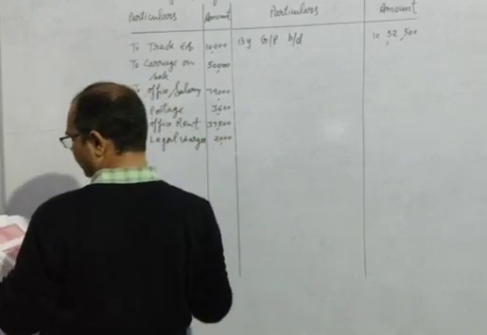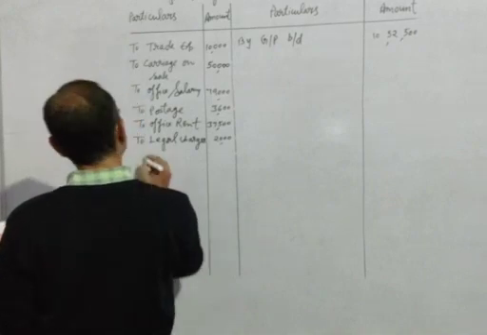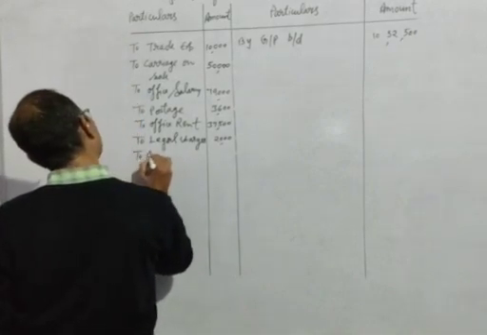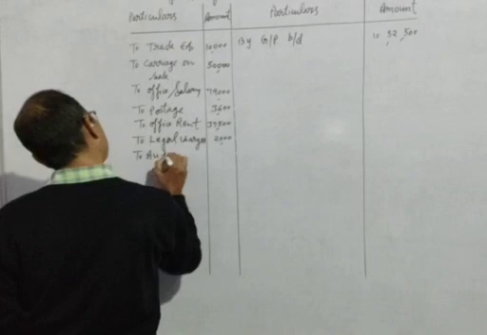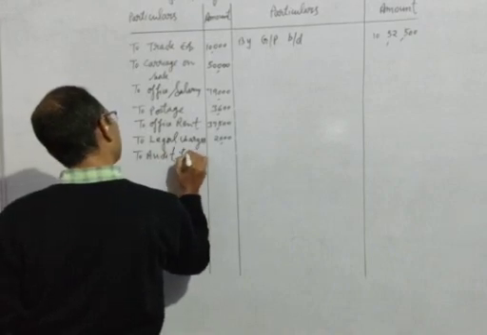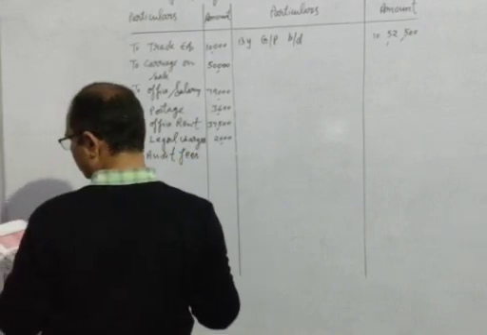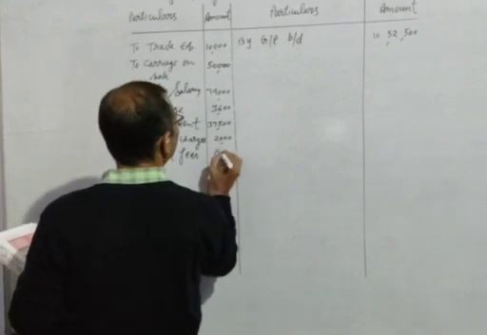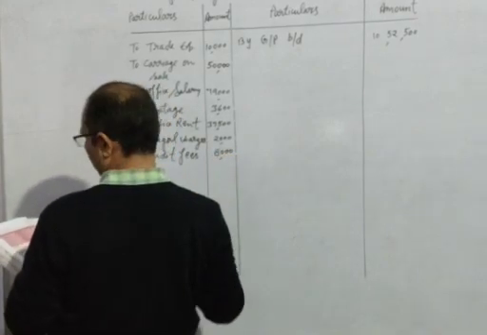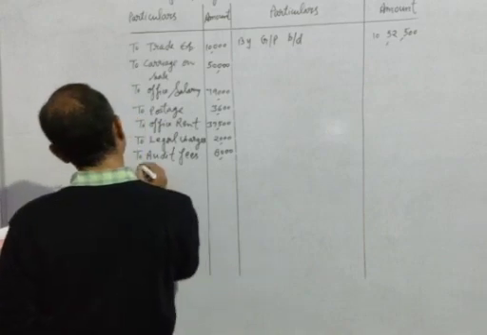Next is audit fees, audit fees of rupees 8,000. And the next item is donation.